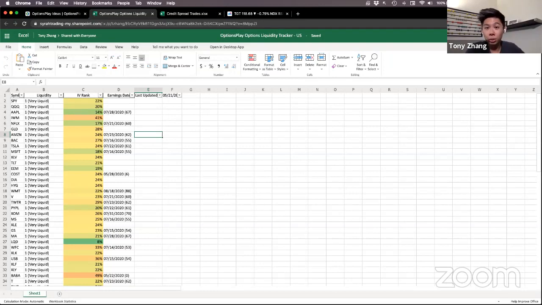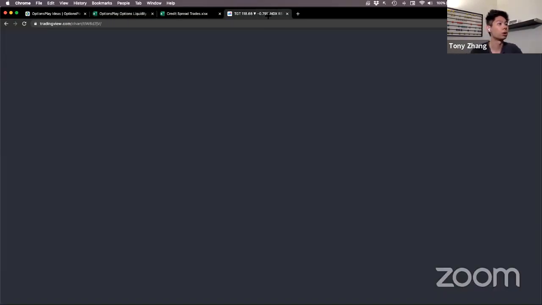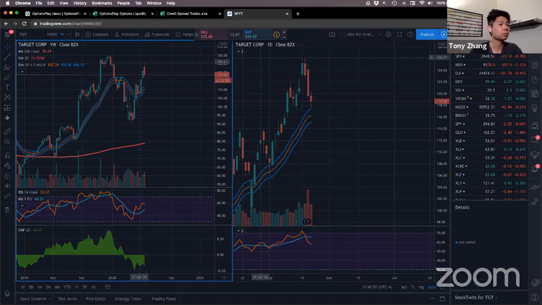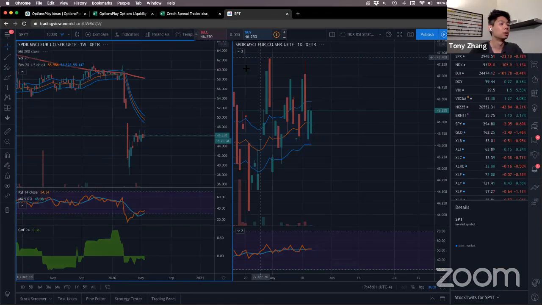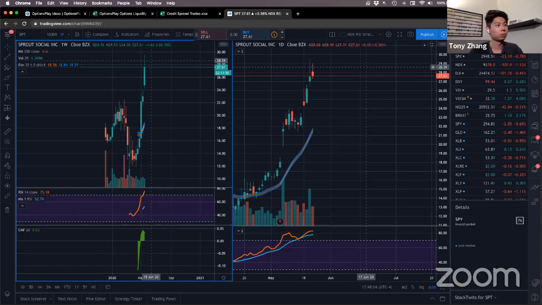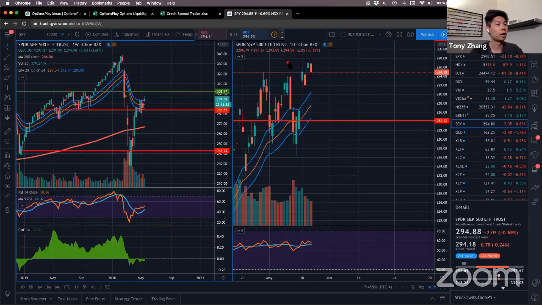You can leg into an iron condor. So for example, let's say today you sold a call credit spread on SPY, and SPY pulls back to 284.